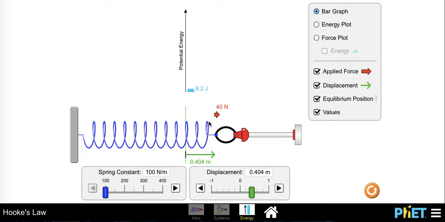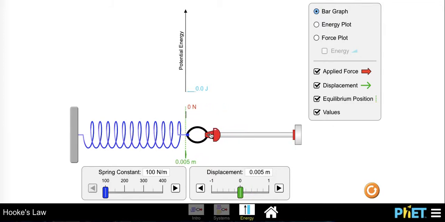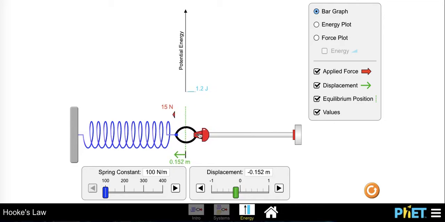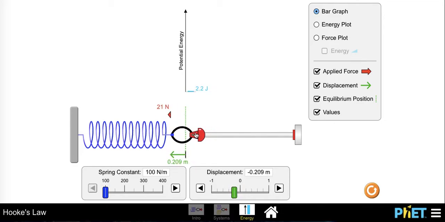That is, the force applied to the spring is proportional to its displacement from its rest position, or in the proper parlance, from its equilibrium position. Now, it's not just stretches; it's also compressions. If I compress the spring 0.2 meters or so, it takes 20 newtons of force to push it to the left.